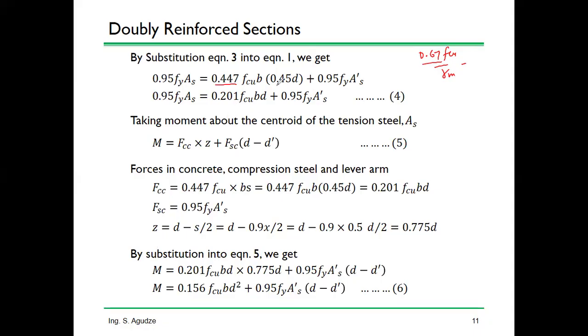Now, when you multiply that by 0.45, you get 0.201. Okay, and we'll get equation 4.